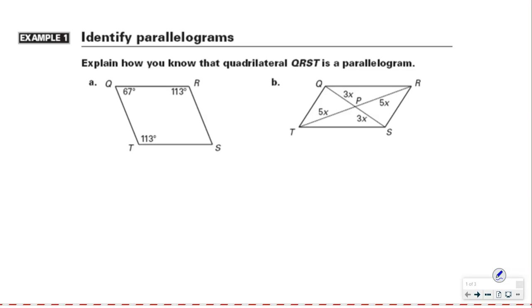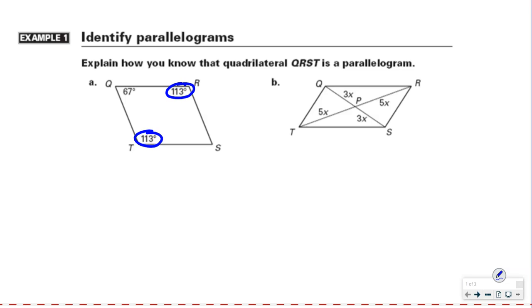So we already have 113 and 113. Those are opposite angles, and they're congruent. We just need to make sure that angle S is 67. There's a couple ways that we can find this out. One, we know that in every 4-sided figure, all interior angles will add up to 360.